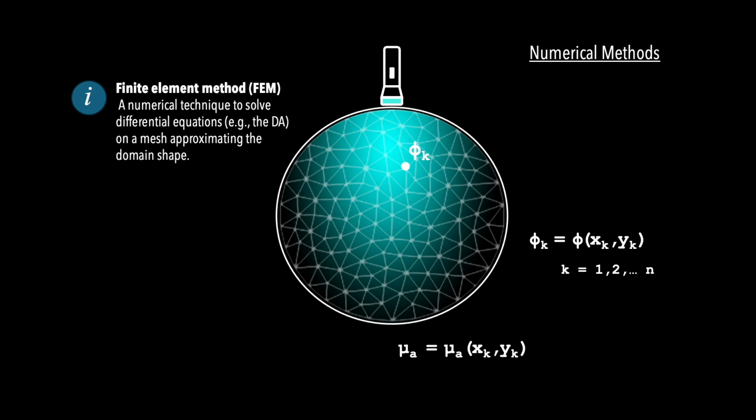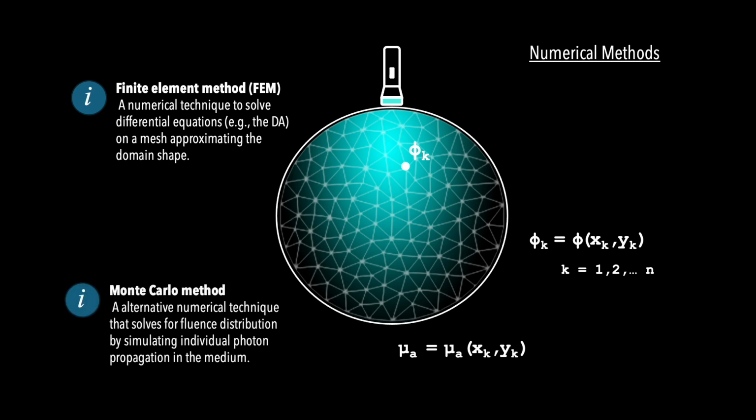Although a relatively low-resolution mesh is shown here, the finite element model used in a regularized reconstruction typically contains hundreds or even thousands of nodes in order to obtain acceptable accuracy. An alternative numerical approach you may encounter in other resources is the Monte Carlo method. This builds the fluence rate distribution by simulating the propagation of individual photons in the medium.